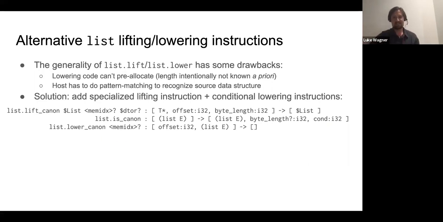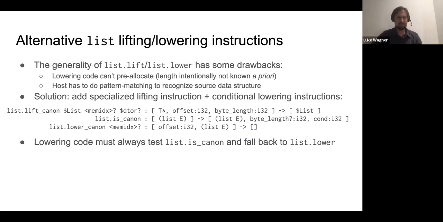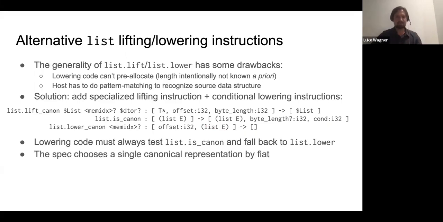But the idea is, because you know it's canonically lifted, you can write it in the same format, and it allows the engine to massively optimize this. So the lowering code must always test this. It can't assume it's the case, and that means it has to have a fallback to the generic lowering. And so the spec chooses this one canonical representation just by fiat. And this allows the host to specialize for this one canonical representation. So if you want to have this zero copy fast path, then you would support that.